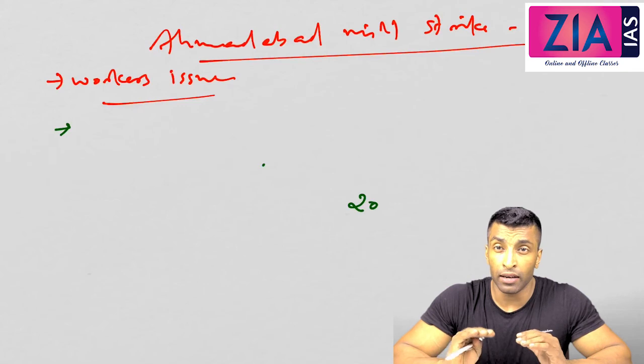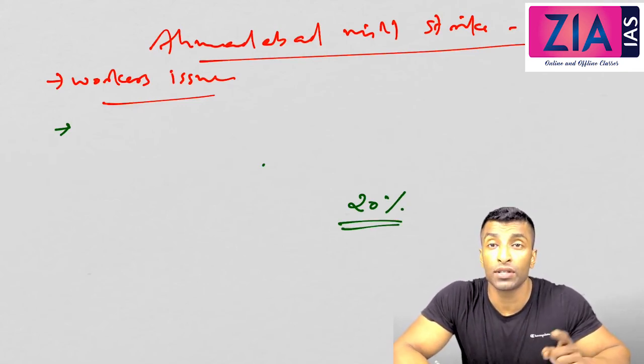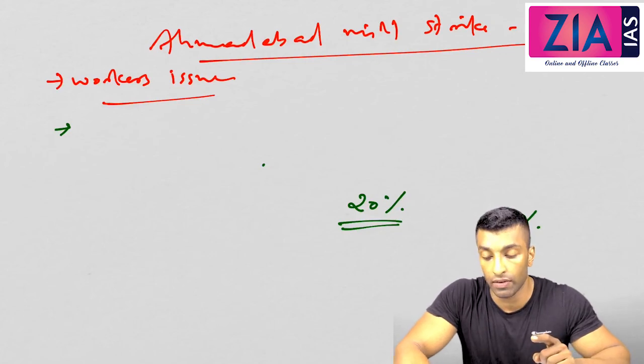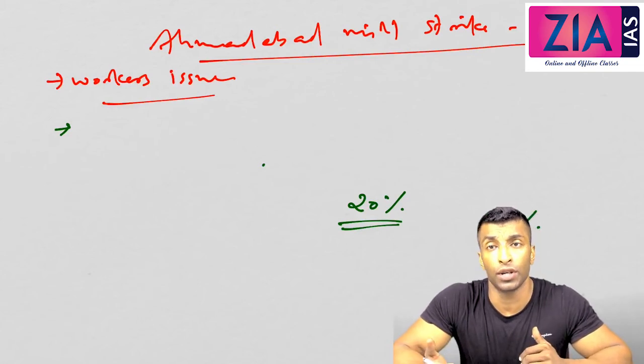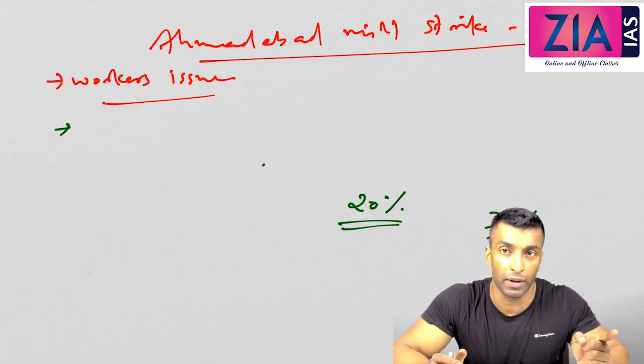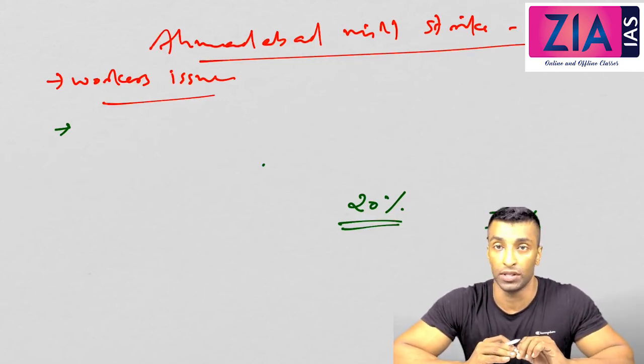There may be questions like: they were able to achieve 20%. Yes, 20% in the beginning, but after the hunger strike, they got 33%. Or the question can be: immediately they gave the 33% wage hike. No, in the beginning it was 20%, and then after the hunger strike, 33%.